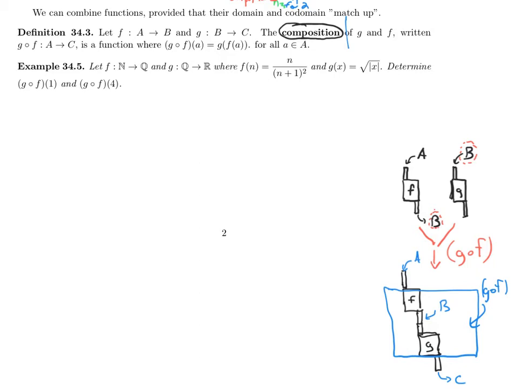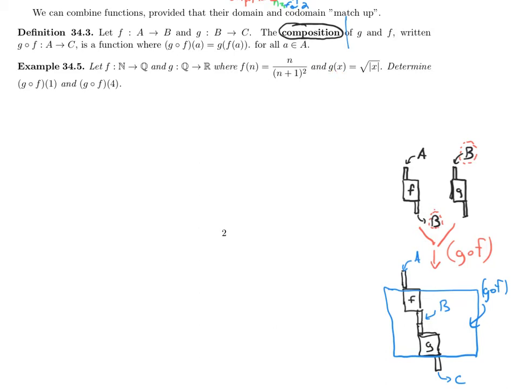So let's have a look at this. So we have a function F here. You plug in a natural number. It spits out a fraction. G, you plug in a fraction. It spits out a real number. And here's how the functions are defined. F of n takes n as an input and outputs n over (n plus 1) squared.